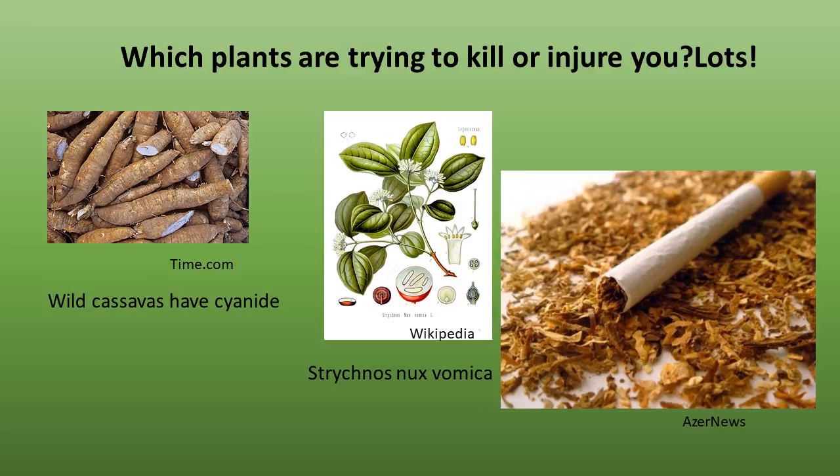Okay, plant toxins. Plants contain a lot of toxins naturally. So it's fairly obvious when you think about it. They don't want to be eaten. They can't run away. They're sessile, as we say. Herbivores can get to them.